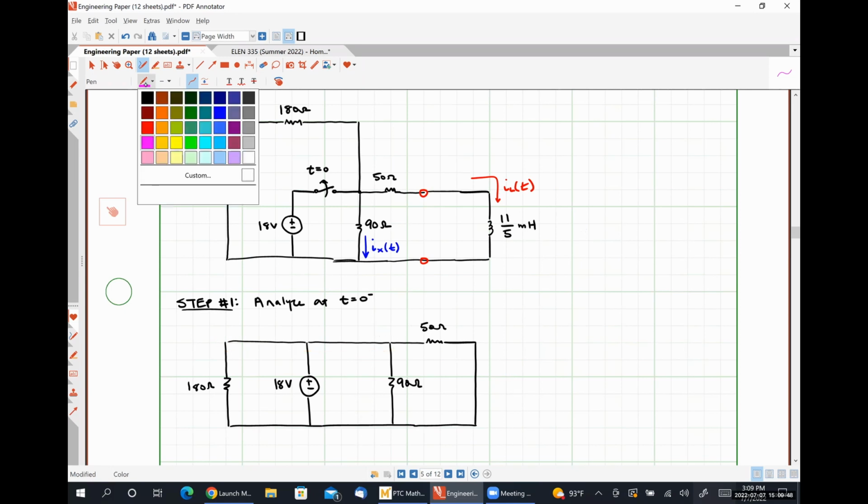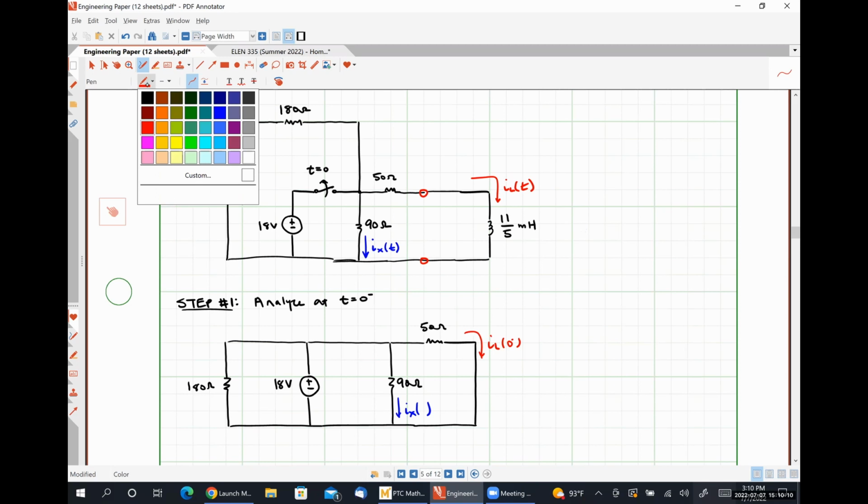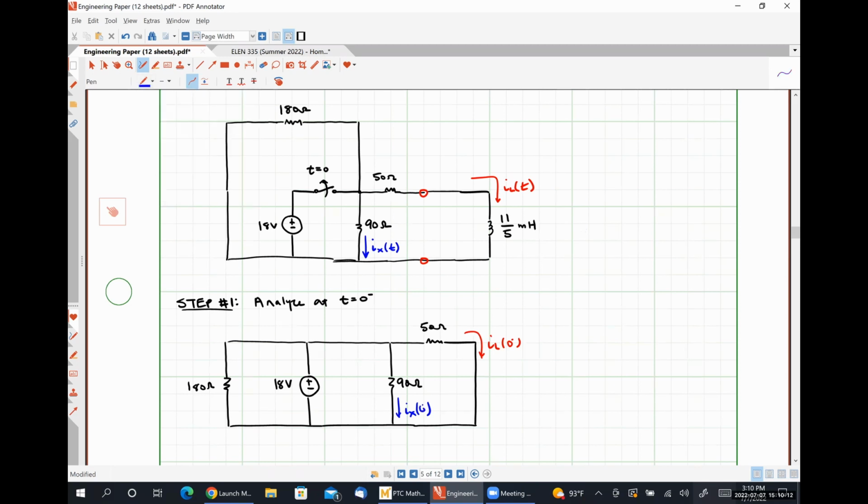Now I'm going to identify my quantities of interest. Sorry, this should be 0 minus, and this guy should be 0 minus as well. So who has thoughts on how I can determine either of those quantities?